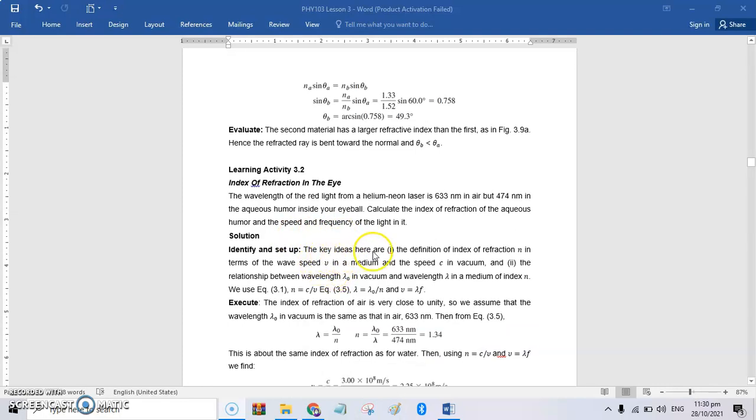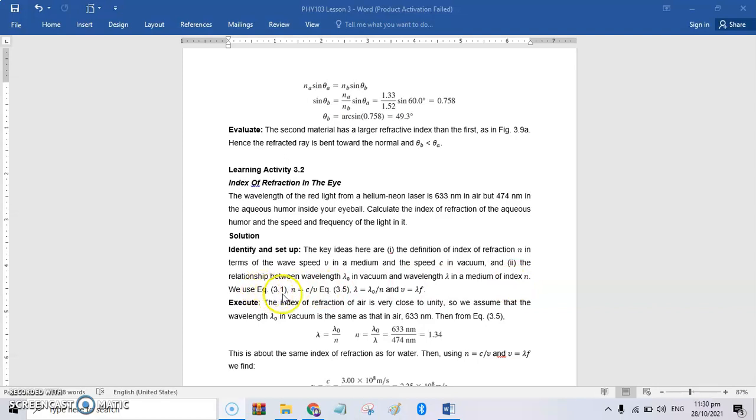So, the key ideas here are the definition of index of refraction n in terms of the wave speed v in a medium and the speed c in a vacuum, and the relationship between the wavelengths, the initial wavelength in vacuum and the wavelength in a medium of index n.